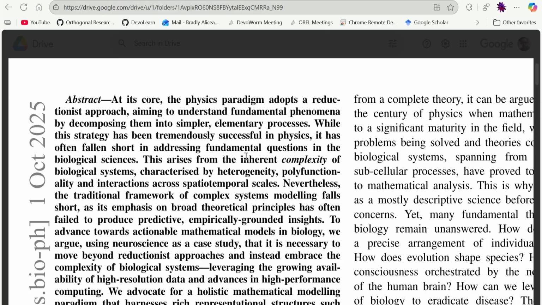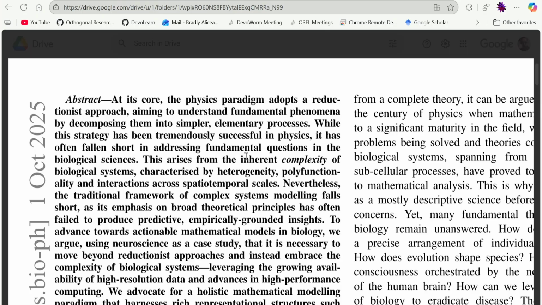While the strategy has been tremendously successful in physics, it has often fallen short in addressing fundamental questions in the biological sciences. This arises from the inherent complexity of biological systems, characterized by heterogeneity, polyfunctionality, and interactions across spatiotemporal scales.